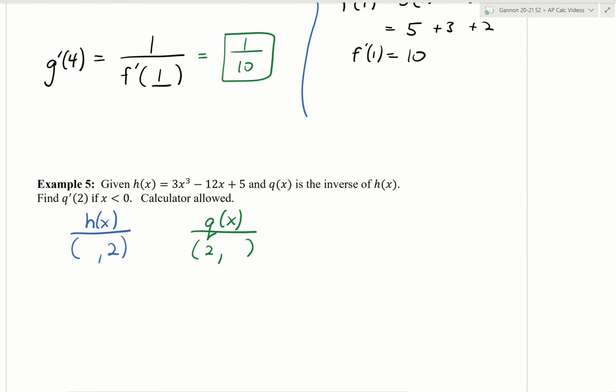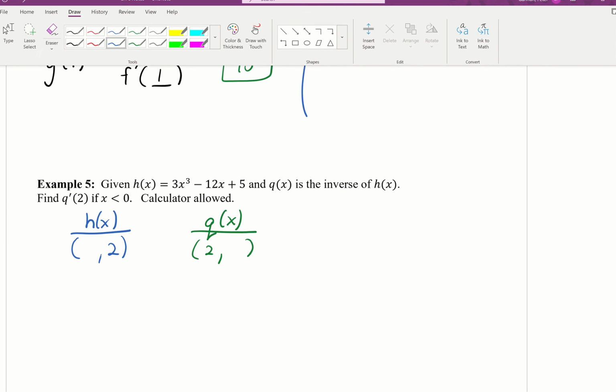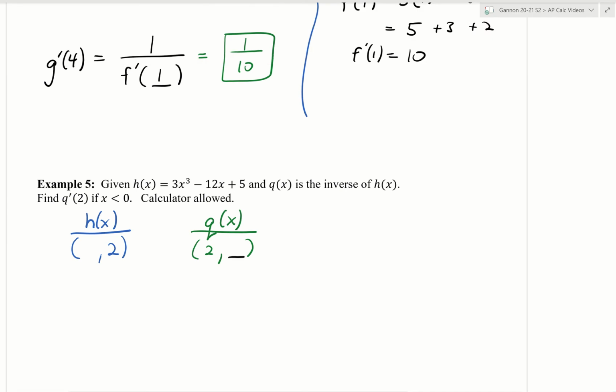And what we're going to need to do is figure out what that value is, right? What is the output of q and the input of h? Because for q prime of 2, it's going to be 1 over h prime of whatever that value is. So that's going to be our key, is to figure that out.